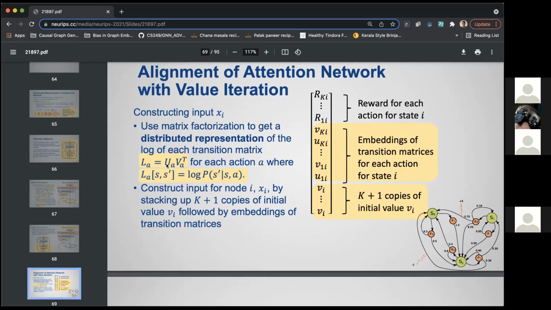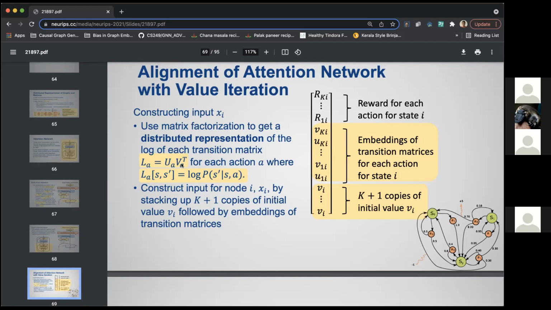In particular, we assume that there exist two matrices U and V such that UV transpose is equal to L. And this L is the log probability of transitioning to S prime, given that your current state is S and you take an action A. So we're just representing the transition matrix as the log probabilities of transitioning, and we assume these log probabilities can be factorized into U and V transpose.